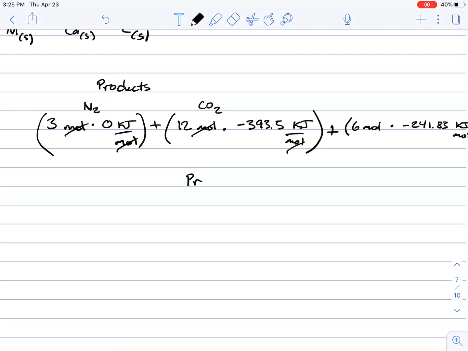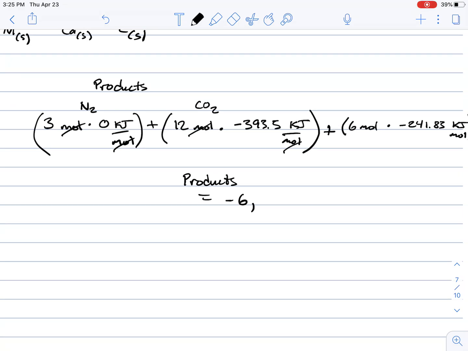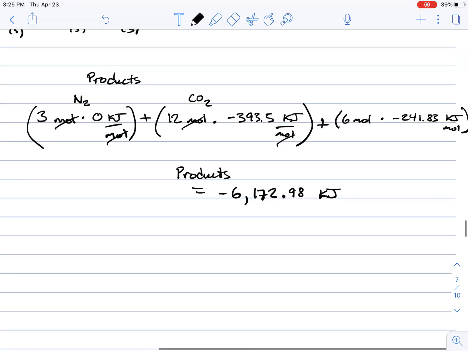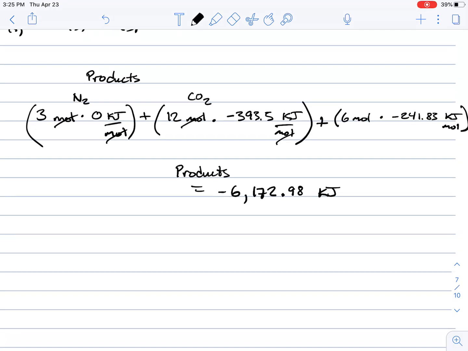And so the value for the products is going to be negative 6,172.98, and my unit is going to be kilojoules. Let's just round it to the ones place, so negative 6,173 kilojoules.